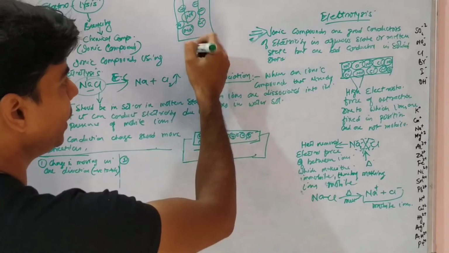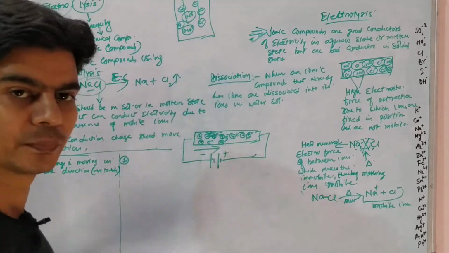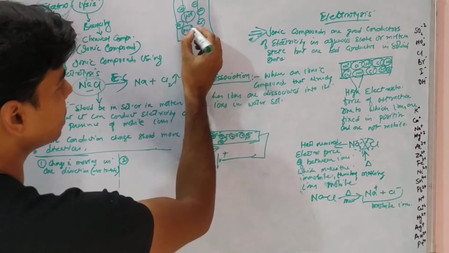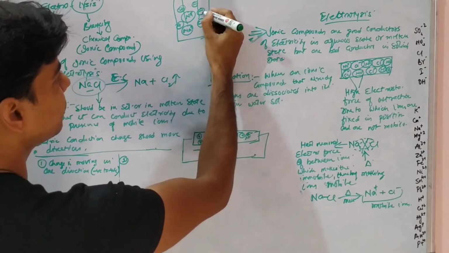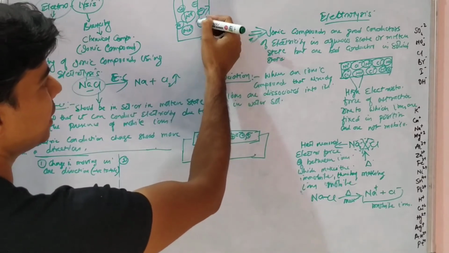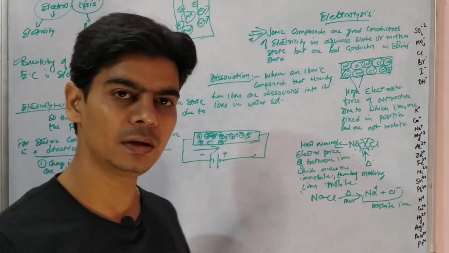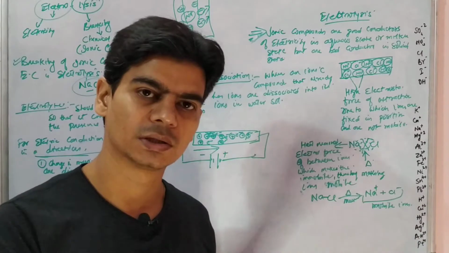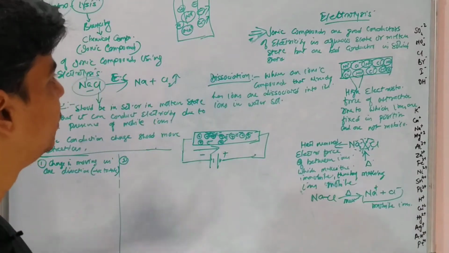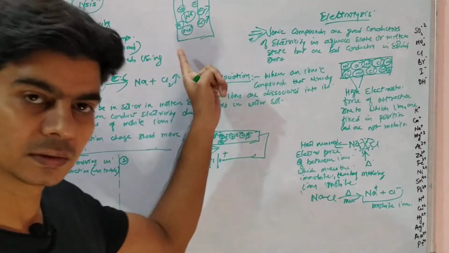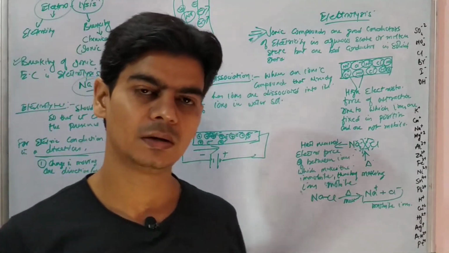When electric current is passed through the solution of this electrovalent compound, these charges will start moving in specific directions. Say negative ions will start moving in one direction and positive ions in the other direction. We'll learn about these directions in future lectures. Since we have directional flow of charges here also, electricity will conduct.